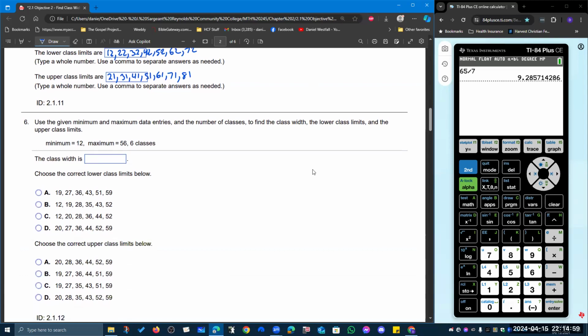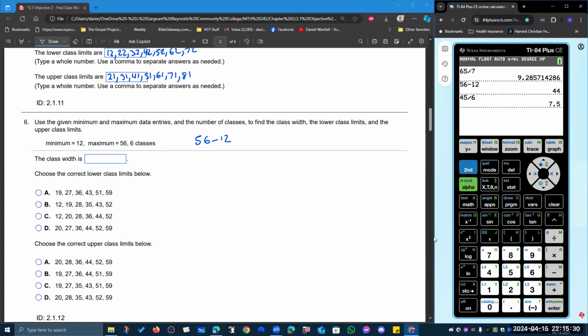Given these minimum and maximum data entries and the number of classes, find the class width, the lower limits, and the upper class limits. So our minimum is 12, my maximum is 56. Let's find the range. 56 minus 12 is going to be 44. Now let's add 1 to that to make 45 and divide by 6.